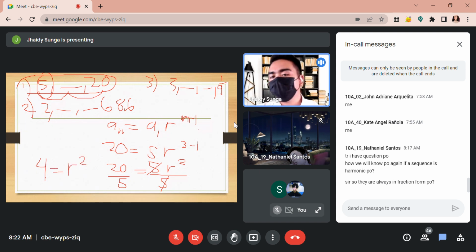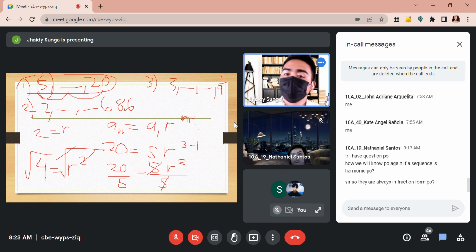If we only need r, we take the square root. The square root of 4 is 2, so our ratio is 2. The term next to 5 is 2 times 5, which is 10. If you check, 2 times 10 is 20.